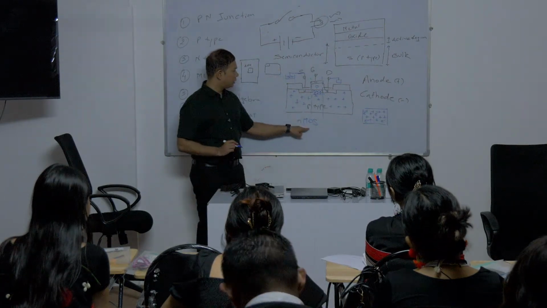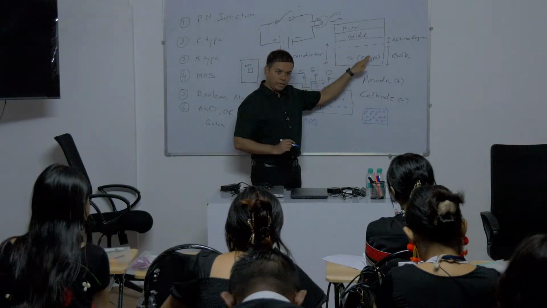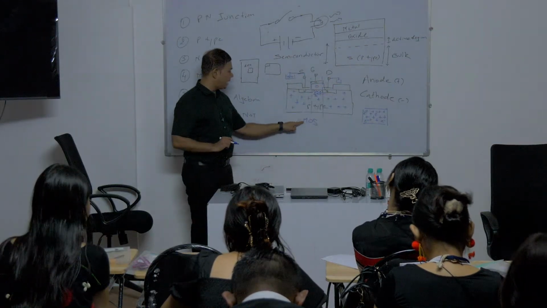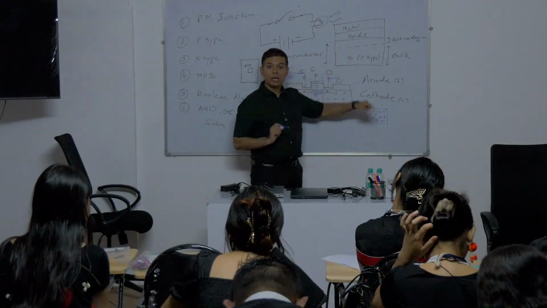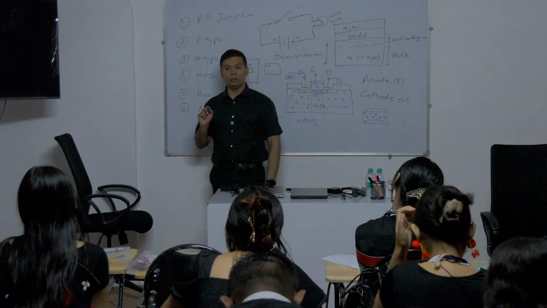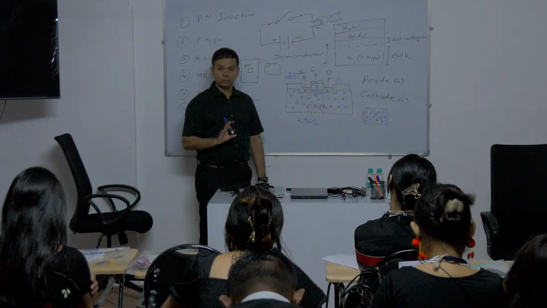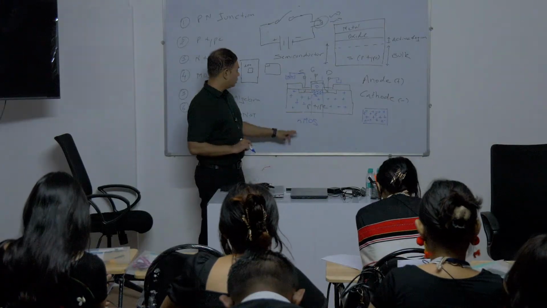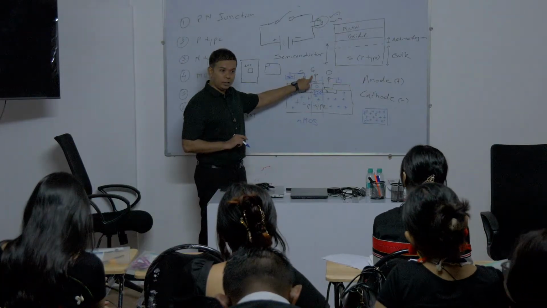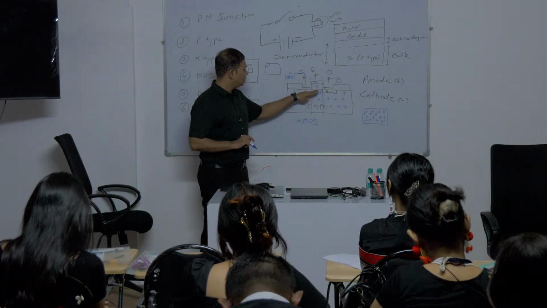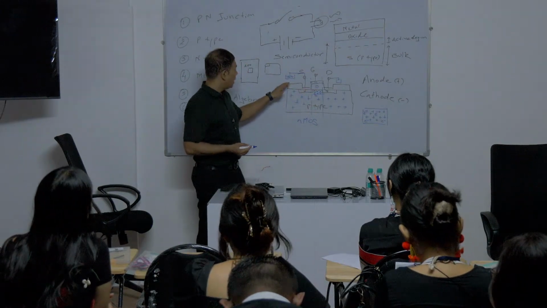MOS is metal oxide semiconductor, and you're creating an N channel in this region, and that is why the name is given N channel metal oxide semiconductor. Hope it is clear to everyone. So this we get by providing a positive voltage at the gate terminal.